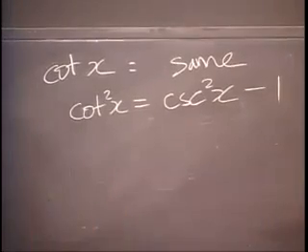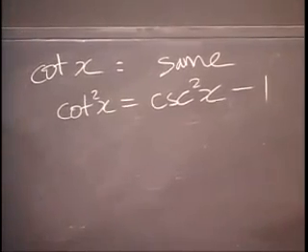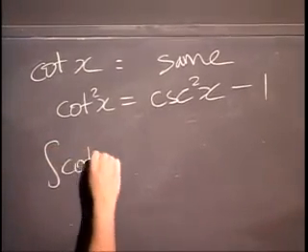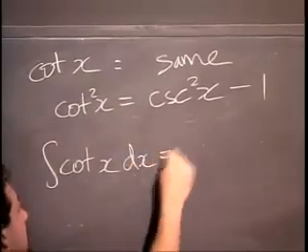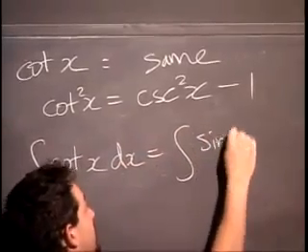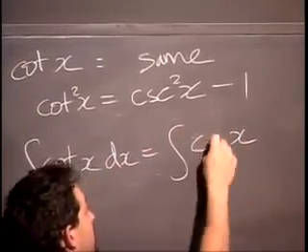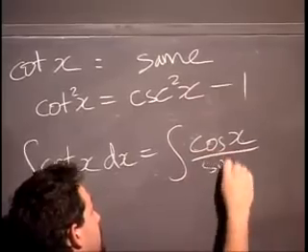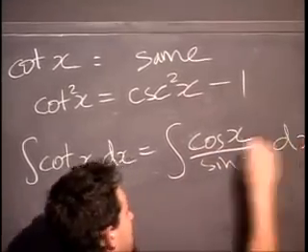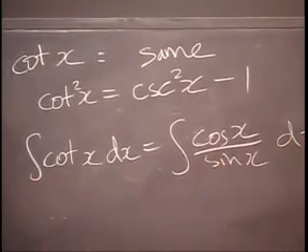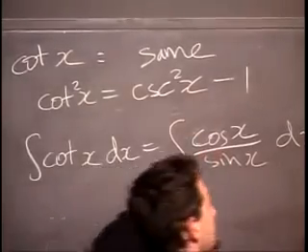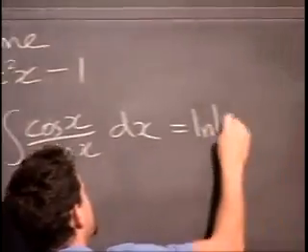Just be careful when you integrate. For example, the integral of cotangent x by itself, well, that's cosine x over sine x. And this time you don't need a minus sign, actually. The derivative of sine is cosine. So this is just log of sine x.